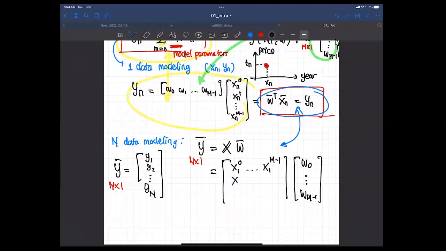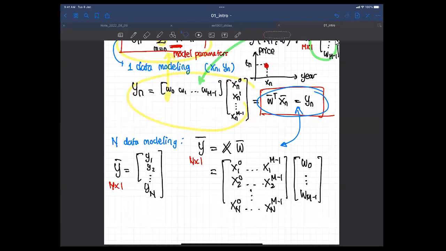Then I have index 2, the second sample, and I also multiply that with W. So if I have n samples, then I have xn here. That's how you model n data.